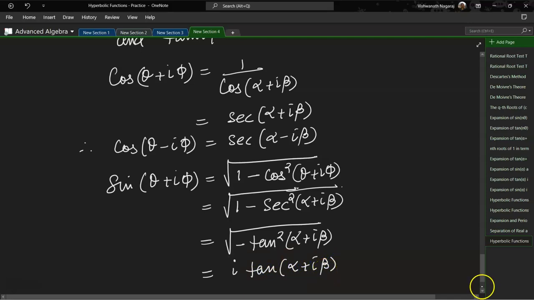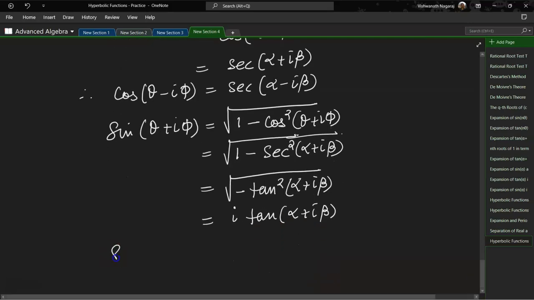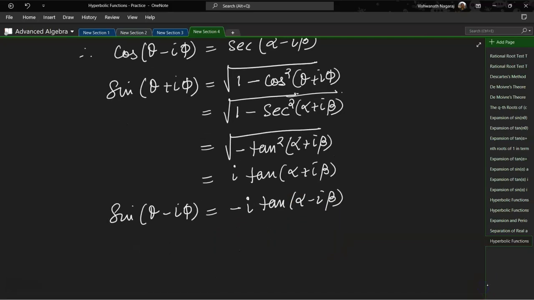So I got sine of theta plus I phi as well. Now let's look at sine of theta minus I phi. This would be equal to minus I tan of alpha minus I beta. Okay. So I have got both the cos, both the sine.